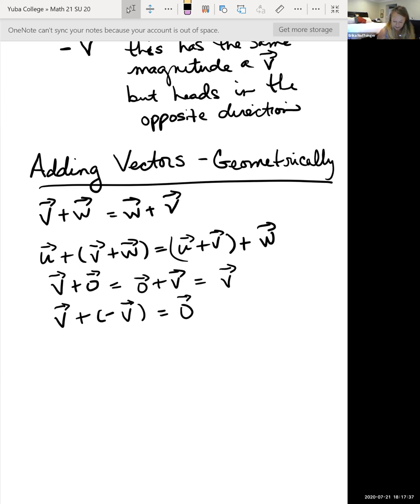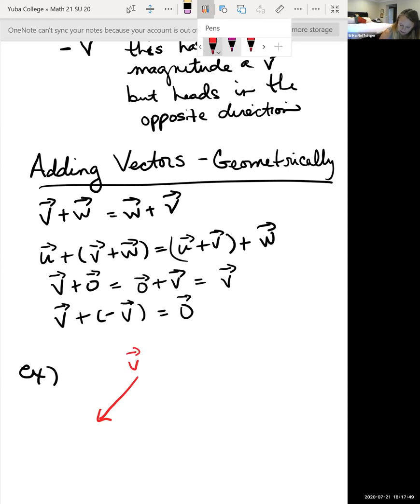So for instance, let's say we have, this is our vector v, and this is our vector w.